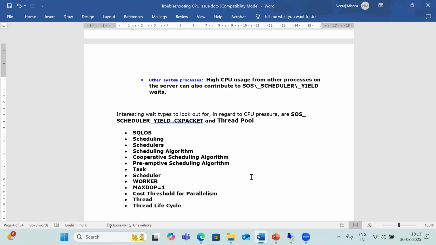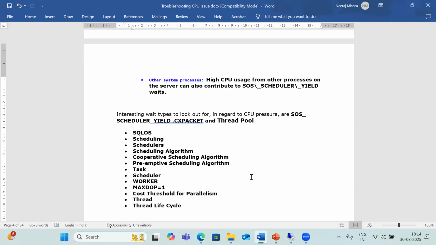So these are very deep internals, and whenever you are going to troubleshoot a CPU issue, you must have a very good understanding of all these things, along with the DMVs that show you some statistics, especially the DMV wait stats, then waiting tasks, and then one related to your thread pool.